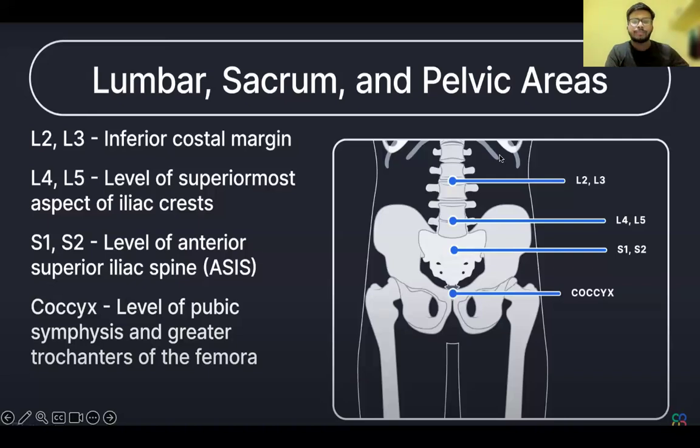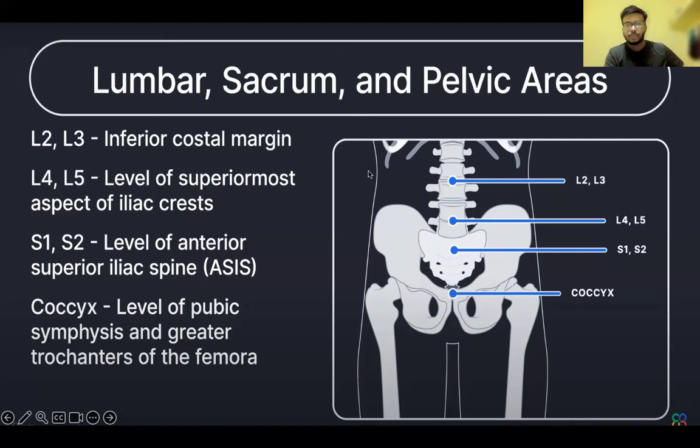At the level of S1, S2, the first and second sacral vertebrae, we have the anterior superior iliac spine, ASIS. At the level of the coccyx, we have the symphysis pubis.